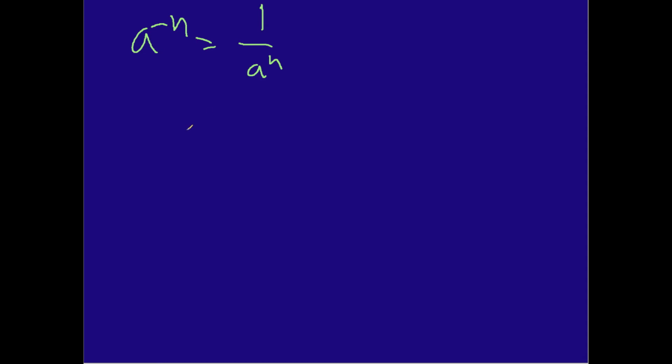So let me see if I can work this through for you in a somewhat complex example. Not too bad, but somewhat complex. So imagine we have 25 raised to the negative 3 over 2 power. What that becomes is as follows. It becomes 1 over 25 raised to the 3 over 2 positive power, if you will. And so now what do we do?